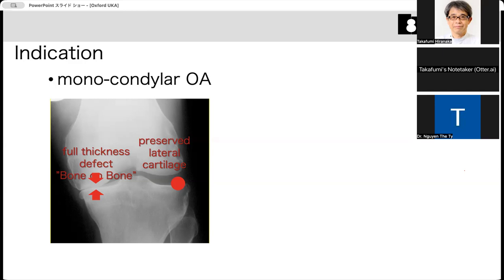Intact lateral cartilage. And intact or functioning ACL.